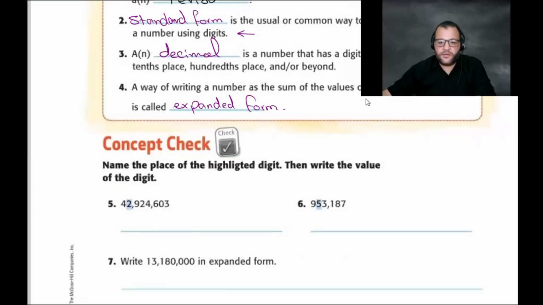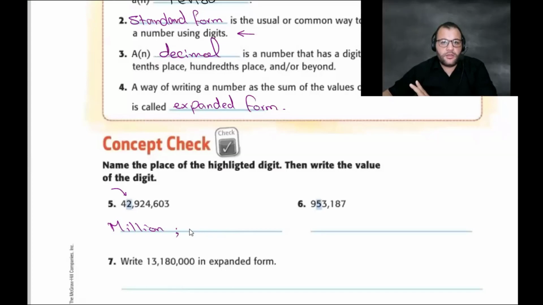Yusuf, what is the place value of the highlighted digit? This one, what is the place value of this highlighted digit? The place value, not the value. Million. So its value now will be, what is the value? The number now, 2 in million. So 20 million.